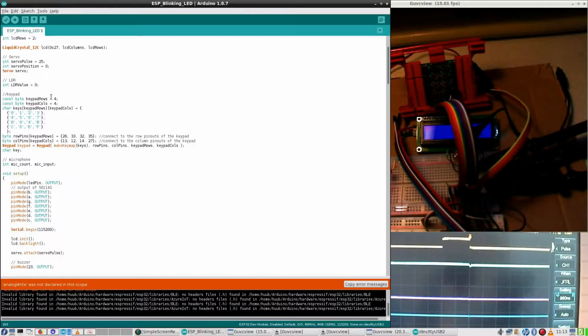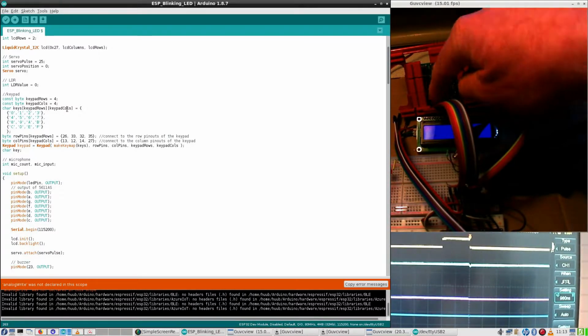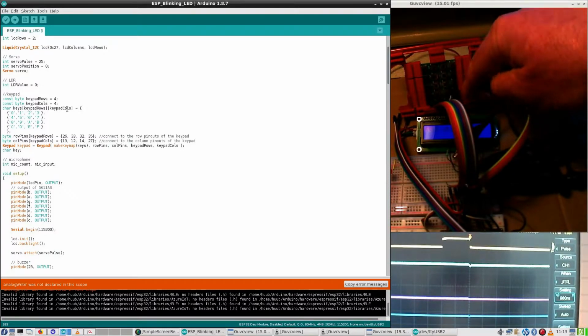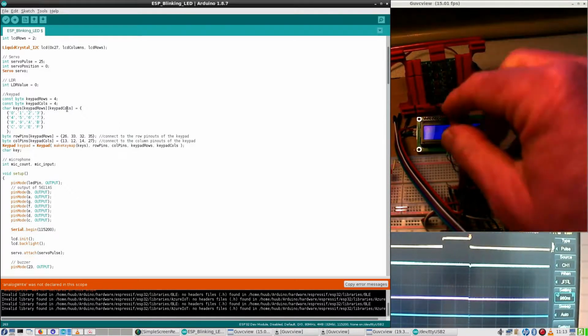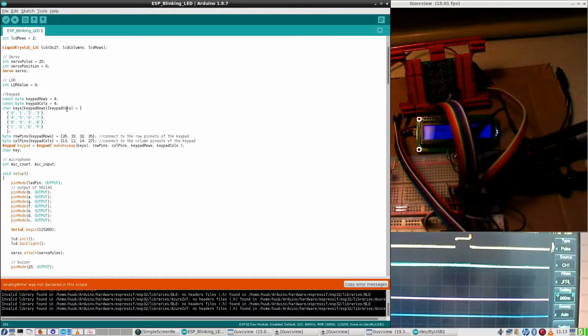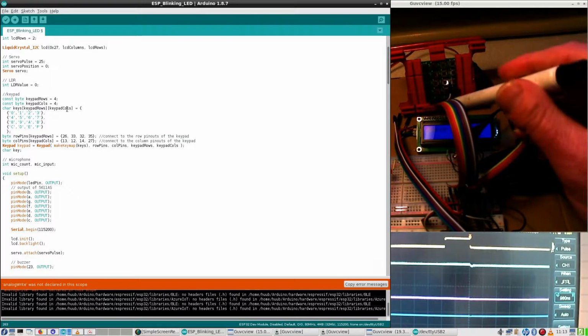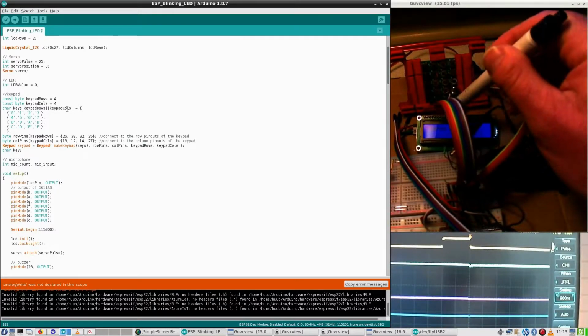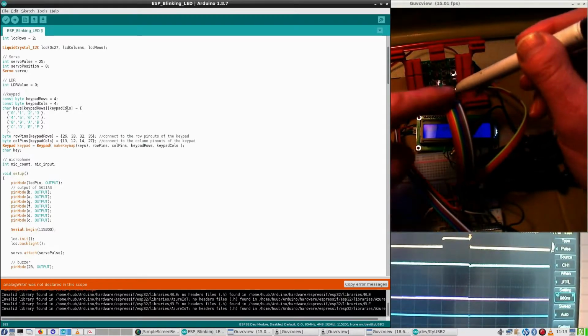Starting here, 4 rows, 4 columns, and I know that the rows versus columns are nicely identified here. Let me put it like this.